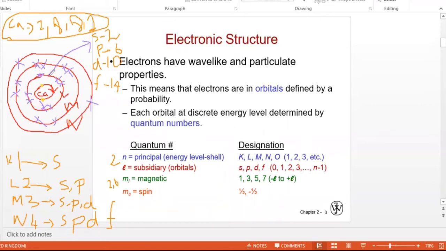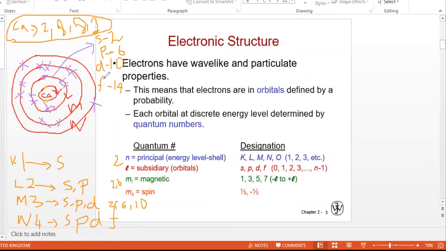That's why in this orbit we can have a maximum of 8 electrons. Similarly, when we go to the third orbit, we can have 2, 6, and d, I told you, 10. So altogether we will have 10 plus 6 plus 2, 18 electrons. So this is the way these atomic numbers are arranged. Usually this s, p, d, f gives the maximum number of electrons which can sit in that orbit.